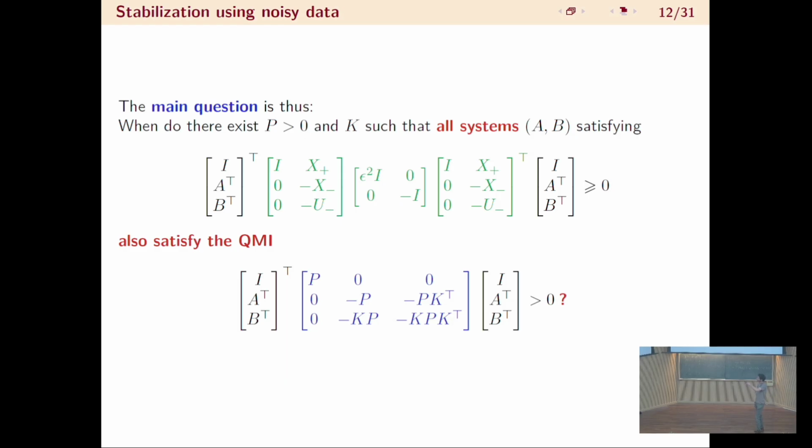When does there exist this Lyapunov matrix P and this controller K, such that all systems consistent with the data, equivalently, all systems satisfying this quadratic matrix inequality, also satisfy the Lyapunov inequality, in other words, the quadratic matrix inequality over here.